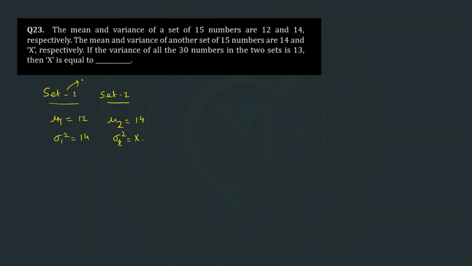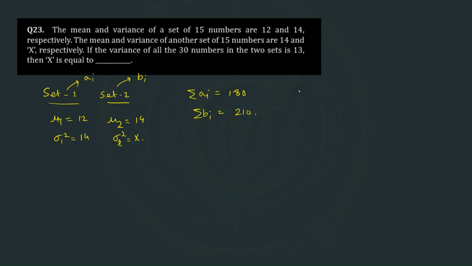So let us denote the elements of this set as ai and the elements of this set as bi. So summation ai will be equal to 15 times 12, so 180. Summation bi will be 14 times 15, that is 210. Now the variance of all the 30 numbers in the set.